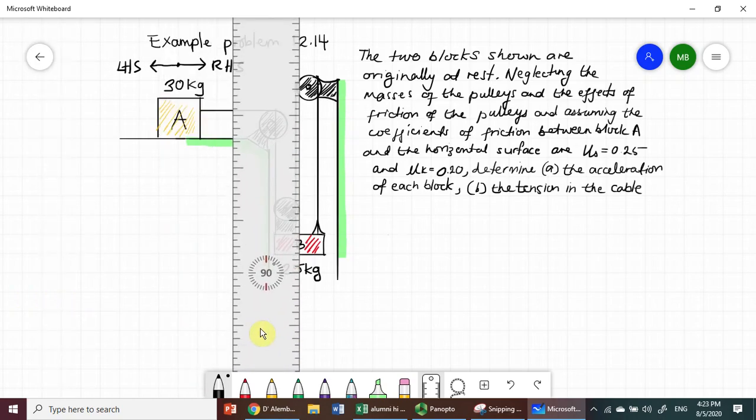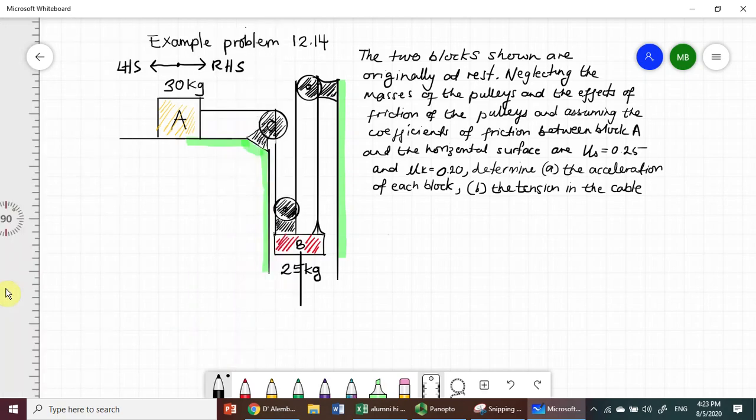First, let's start with block B. Block B has a mass of 25 kilograms, so the weight will equal mass multiplied by g. 25 multiplied by 9.81 equals 245.25 newtons. This weight will be transferred to the cables, and each cable behaves in tension.